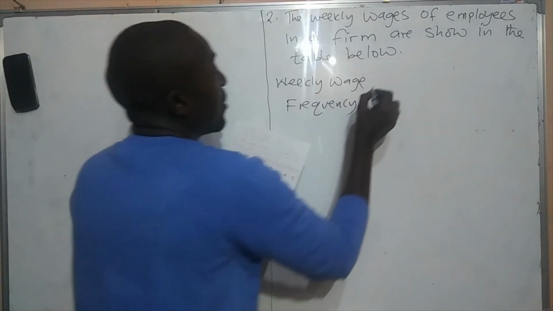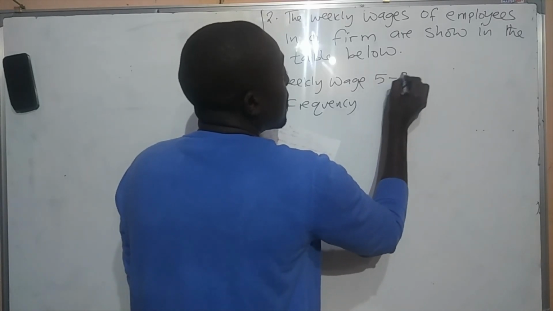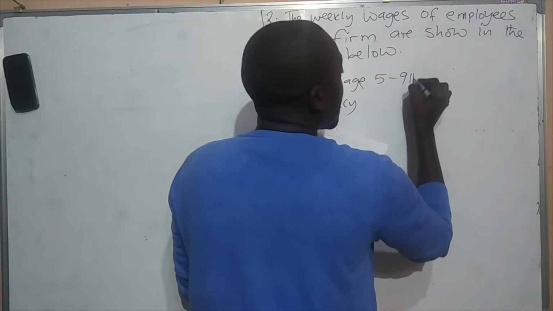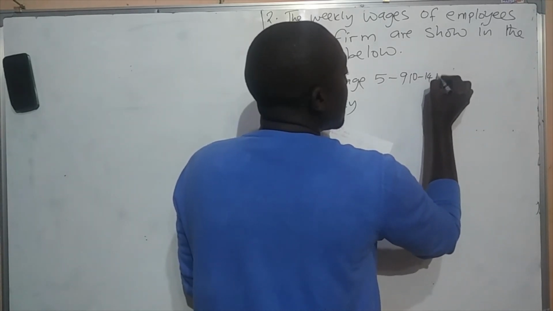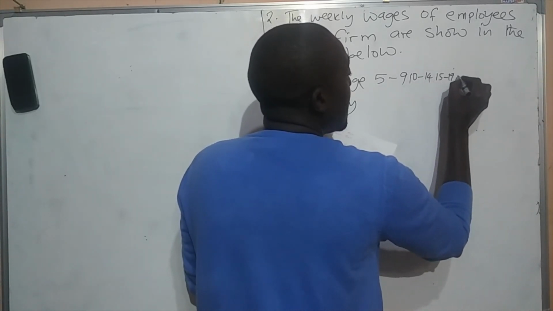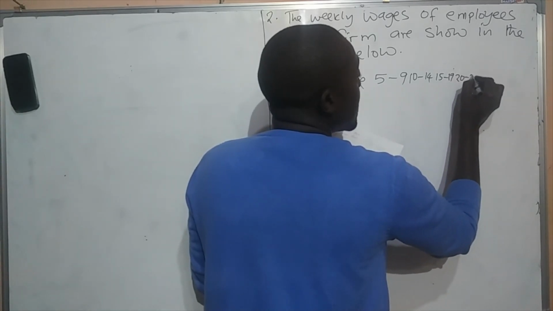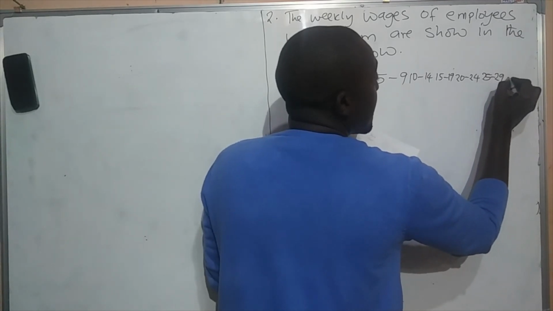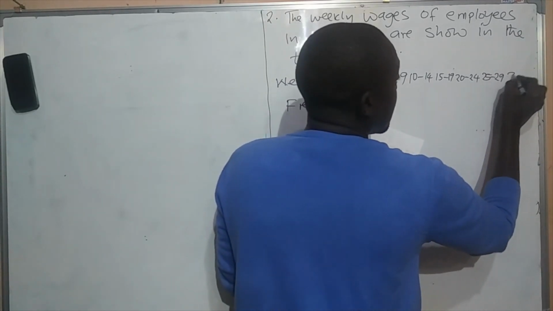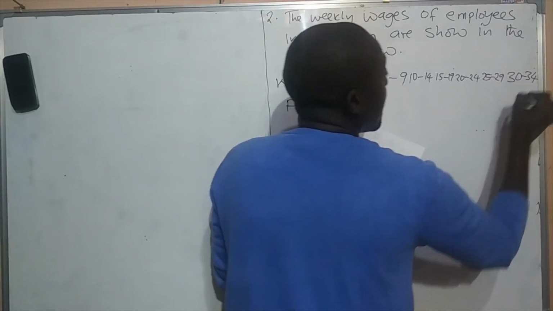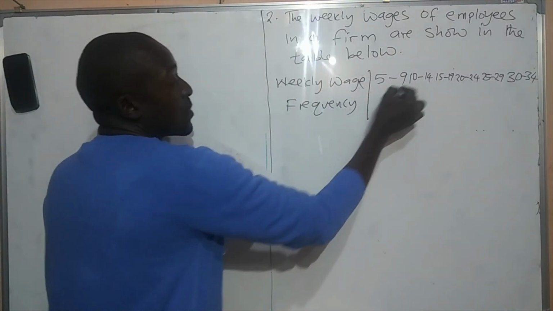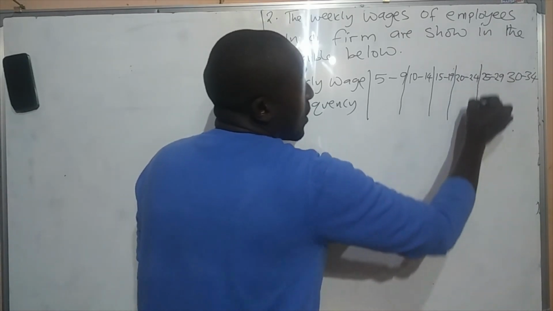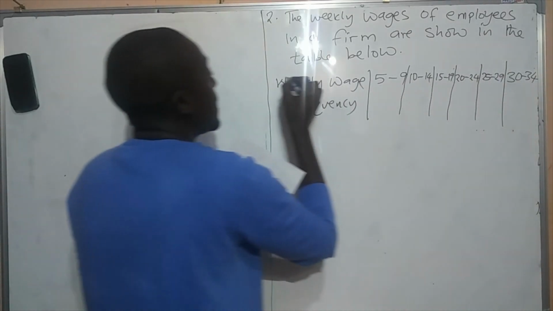Okay, so here we are going to have 5 to 9, and then we have 10 to 14, then we have 15 to 19, we have 20 to 24, 25 to 29, and then we have 30 to 34. Okay, so this is what we have.